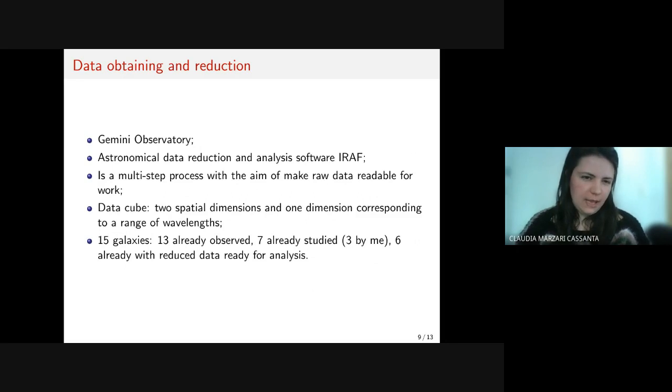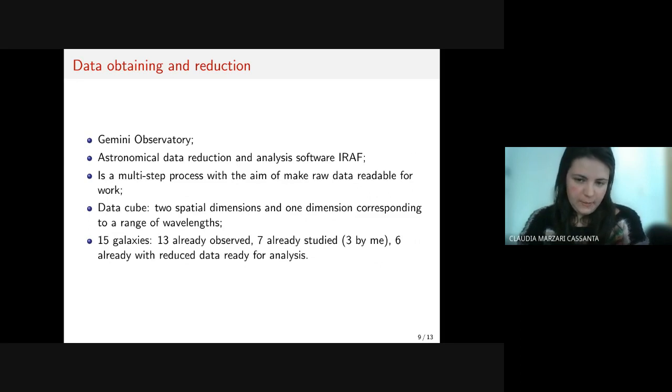So as I said, the data comes from 3 observatories, but until now I only worked with data from Gemini Observatory. And when I get access to this data, they are not ready to work, so I have to make this process that is called data reduction, which is a multi-step process with the aim of making raw data readable for work.